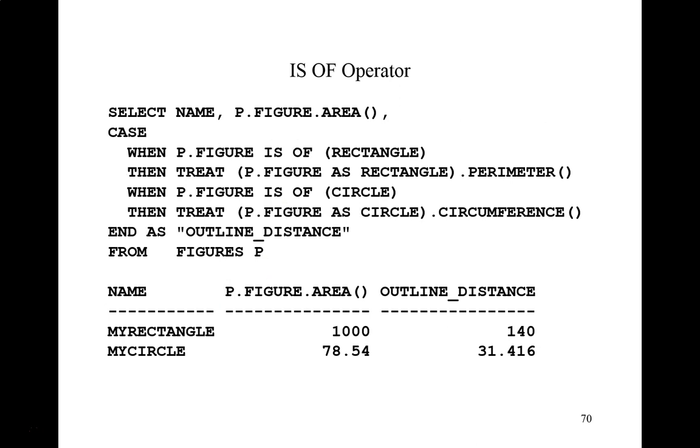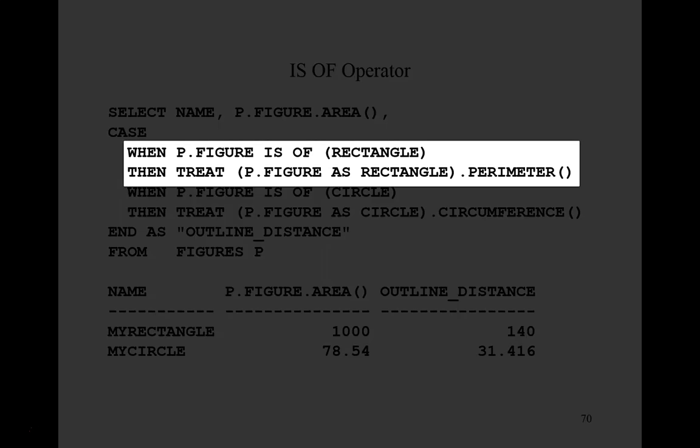This example uses a case expression to test the subtype and then allows us to invoke the treat operator accordingly. When the figure is a rectangle or is of the rectangle type, then we treat the figure as a rectangle and invoke the perimeter method.